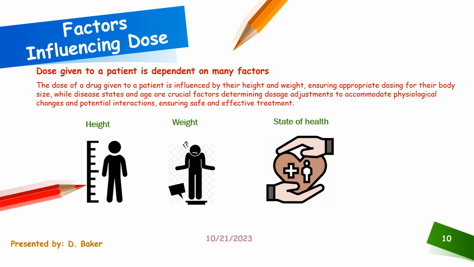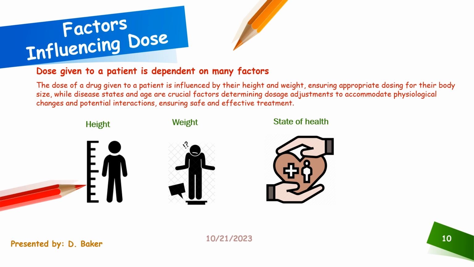So is this patient someone with a perfectly functioning kidney, or is this someone who has renal failure, or if they do have renal failure, what is the stage of renal failure that this patient is at? Look also at liver function. So is this person someone who is experiencing liver failure, or what exactly is the health or disease state of this person? If you look also at the disease itself, you could also look at disease severity, and these can influence the calculation of doses.